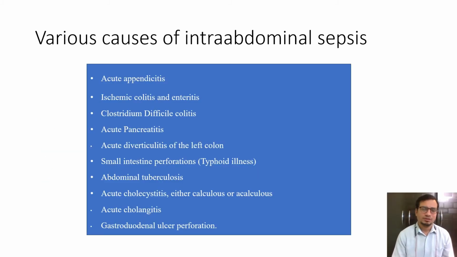There are various causes of intra-abdominal sepsis like acute appendicitis, ischemic colitis, Clostridium difficile colitis, pancreatitis, diverticulitis, typhoid, tuberculosis, cholecystitis, cholangitis, and perforation. These are non-traumatic causes. Then there are traumatic lacerations and perforations of the intestines and other solid organs of abdominal origin.